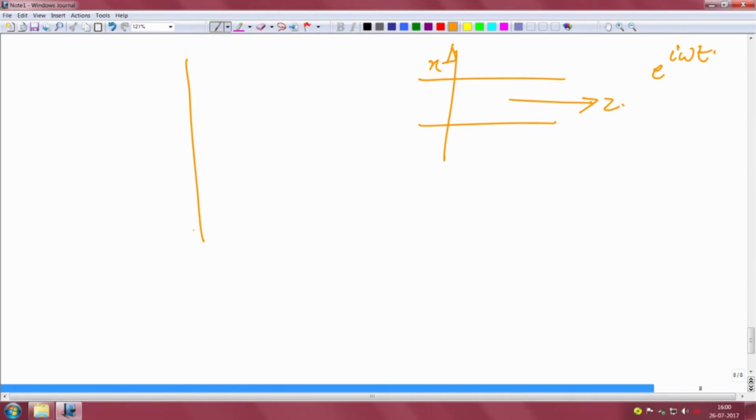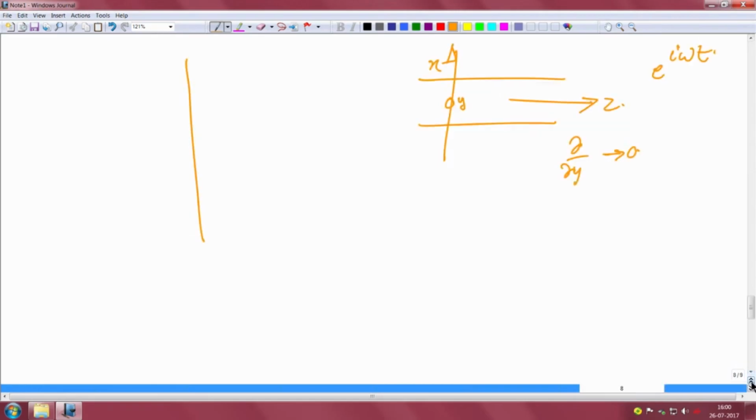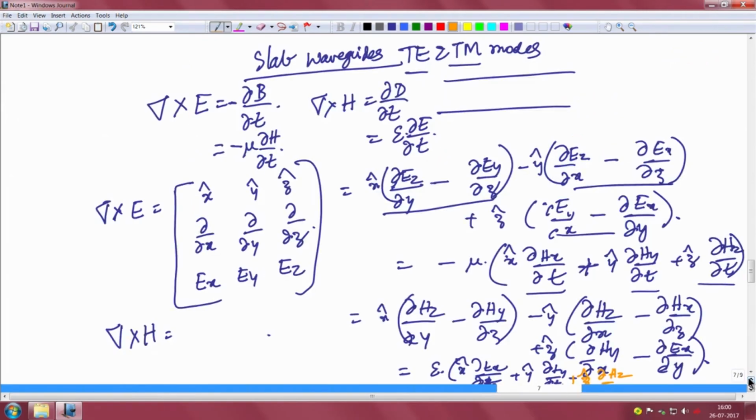So, when we replace, because the field is not varying along the y direction, we can say that the d/dy components do not exist, and so we can replace these fields.